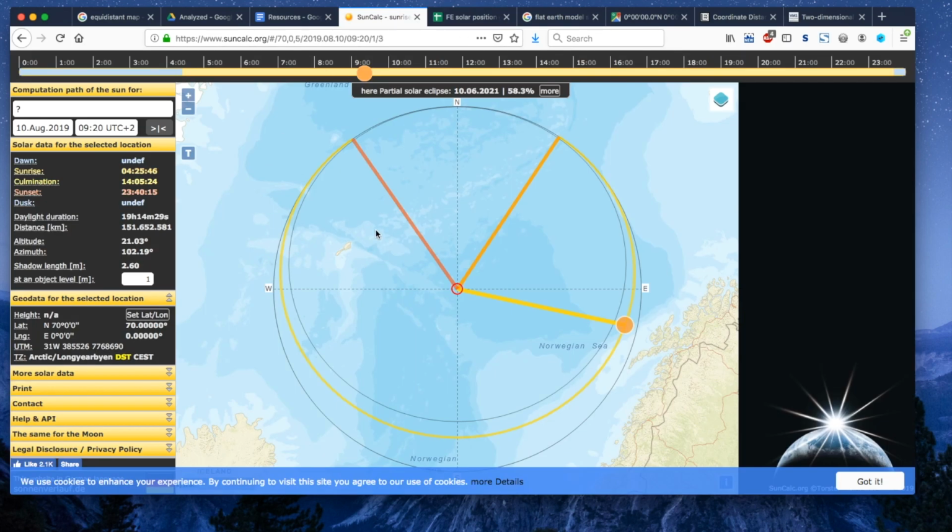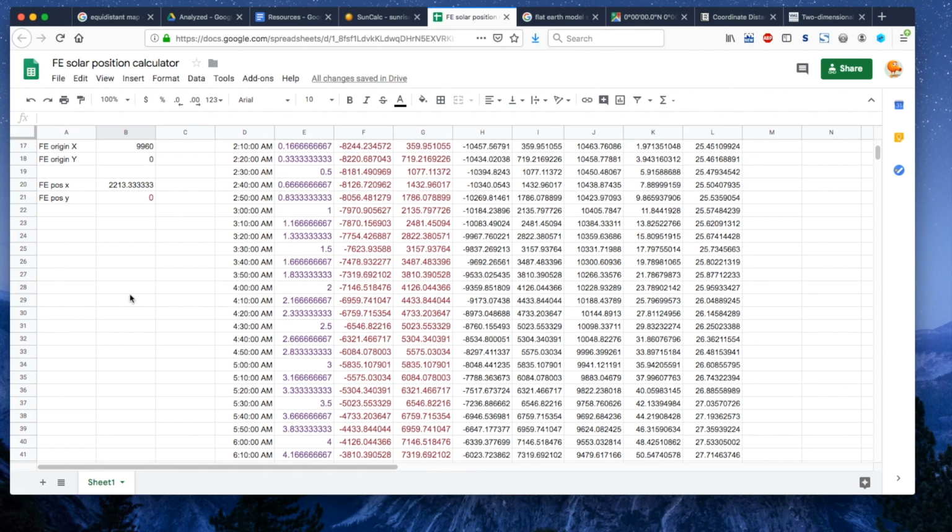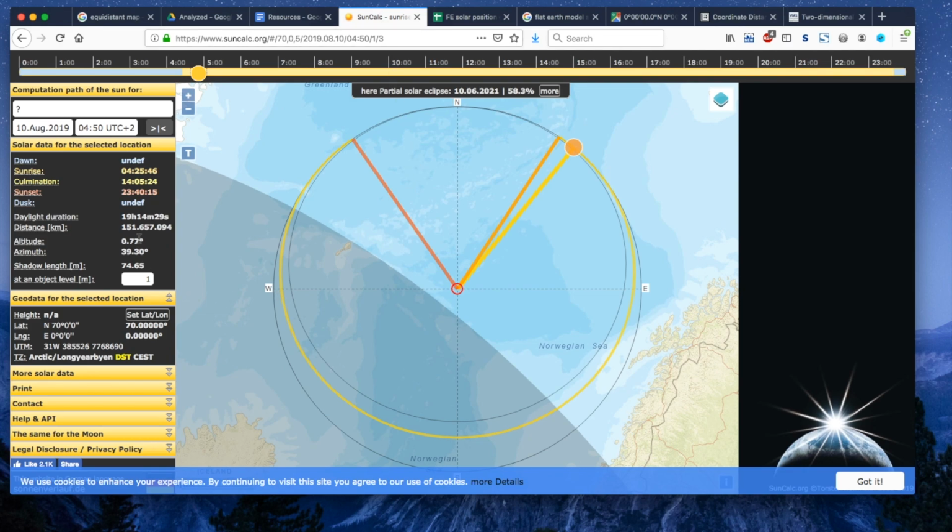According to this tool, if I pick, let's say 450, on a flat Earth, the altitude should be 26 degrees and the azimuth should be 33. But according to this, the altitude is 0.77 degrees and the azimuth is 39.